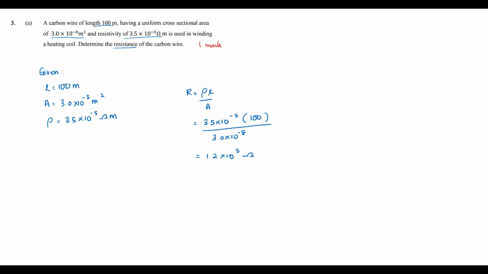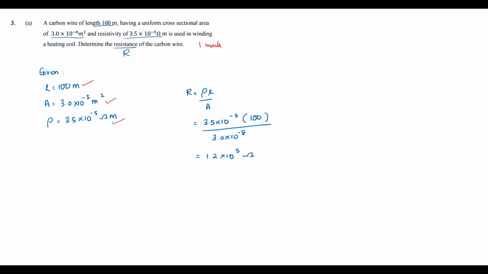So resistance is R. Given from the question, length of the wire is 100 meter. Cross-sectional area of the wire is 3.0 exponent negative 8 meter squared, and resistivity of the wire is 3.5 exponent 5 ohm meter.